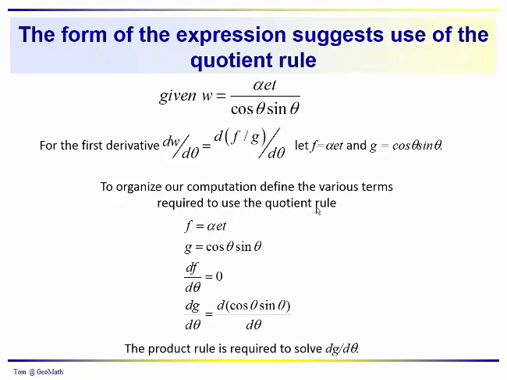This will be a kind of review of taking a derivative using the quotient rule. We have f is equal to alpha E T, g is equal to cosine theta times sine theta. df, the derivative of these constants, is going to be 0. dg d theta is going to be the derivative of this product, so we're going to have to use the product rule in order to solve for dg d theta.